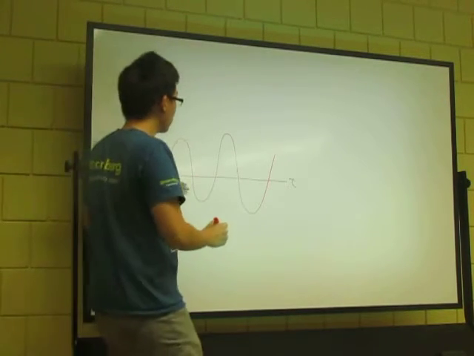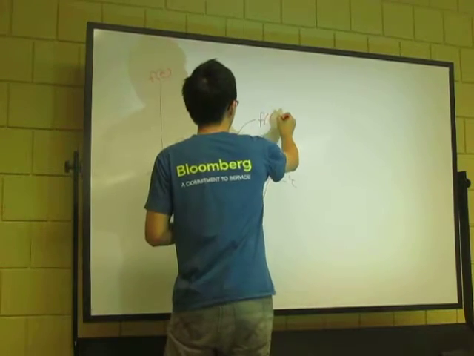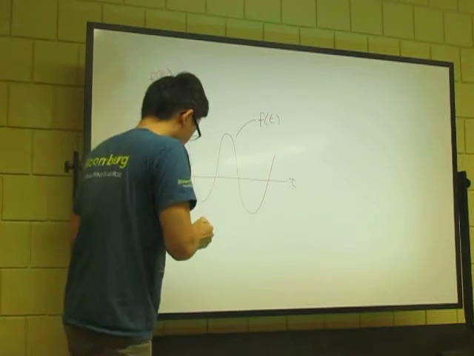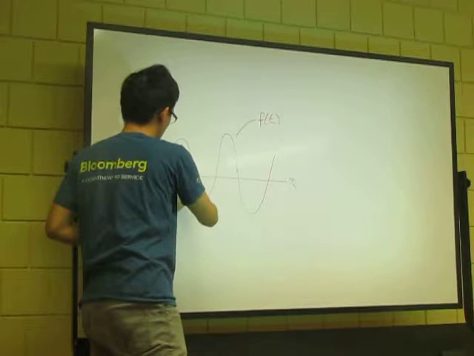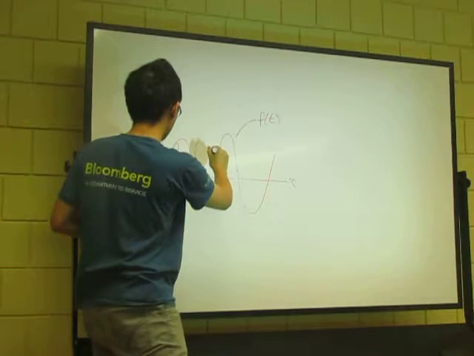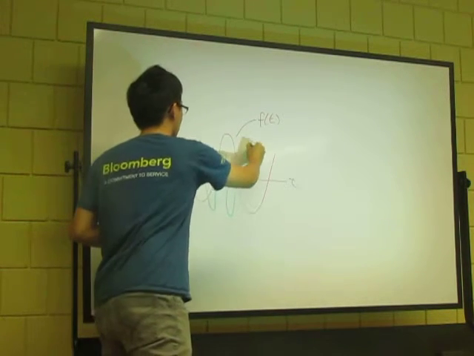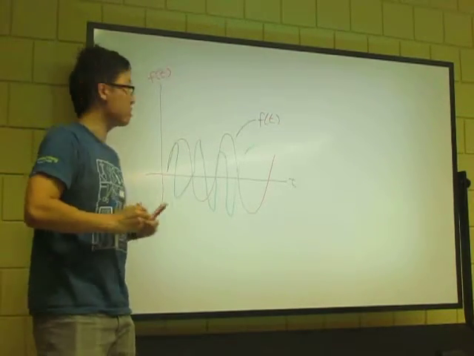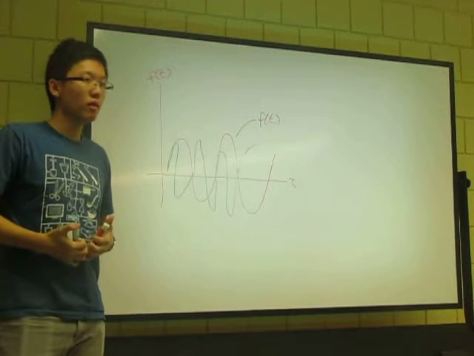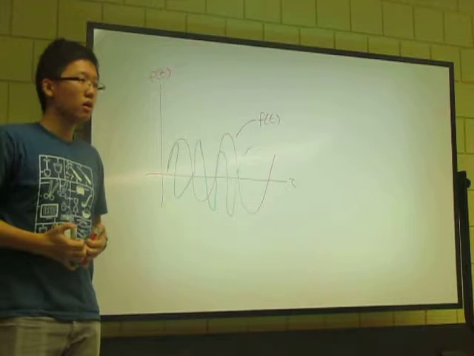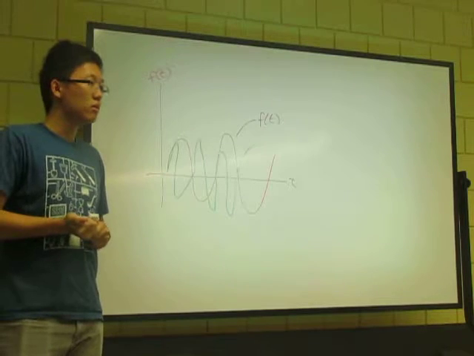So does anyone know how to represent this as another function? Given that this is a function f of t, what would be the function that is double the frequency? So what would this green function be in terms of f of t right here? Also, I'm sorry if I drew it poorly. Yeah. F of 2t.